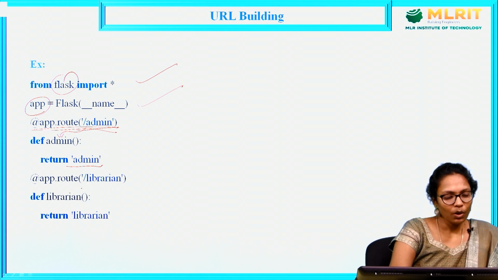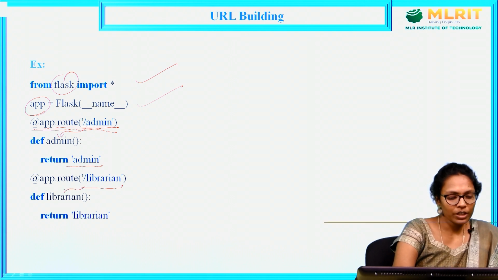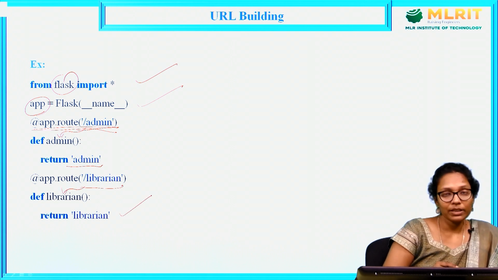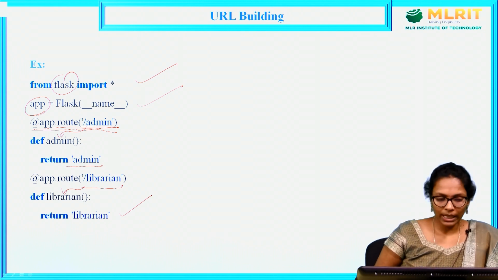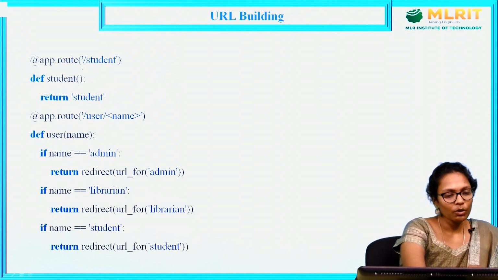Like this, we have another route, /librarian, whose view function is librarian and which displays librarian. I also have one more URL, /student, whose view function is student and which displays student.